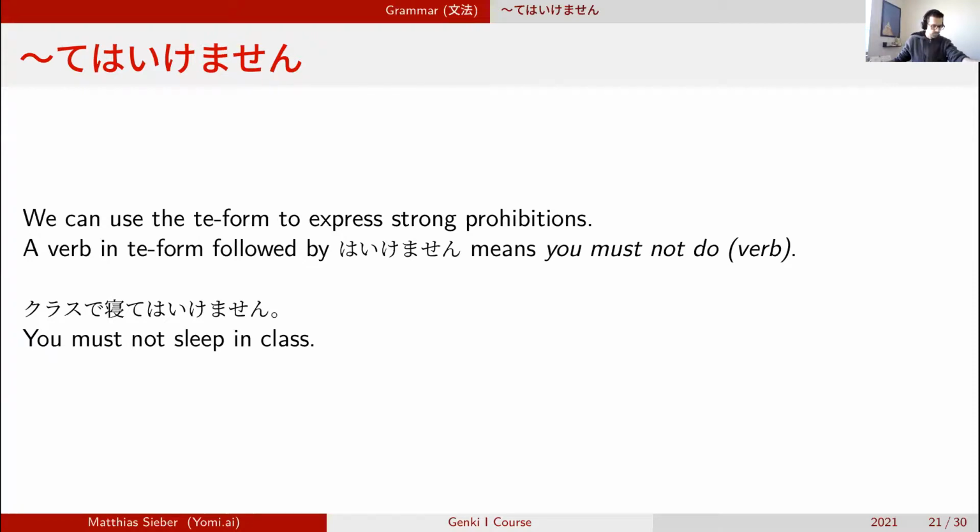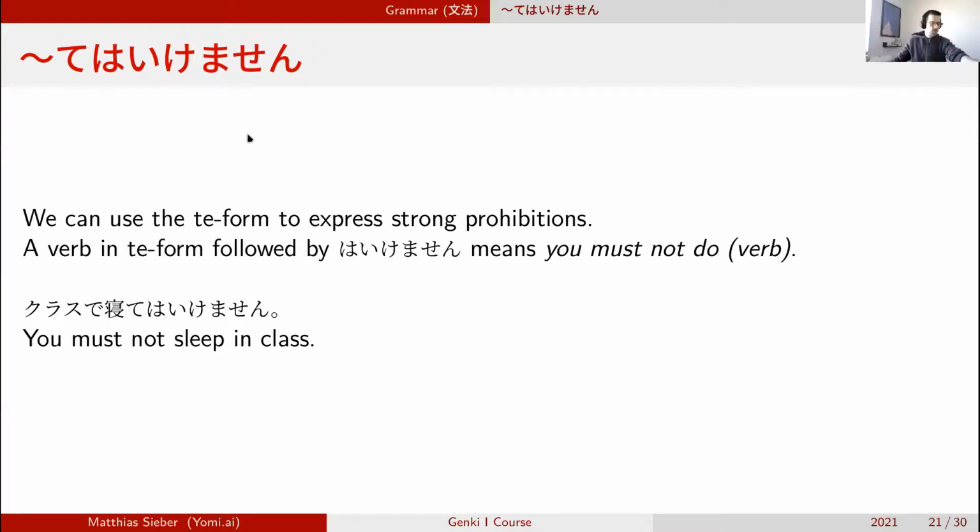So what would I say? Sumaho tsukatte, and then wa ikemasen.